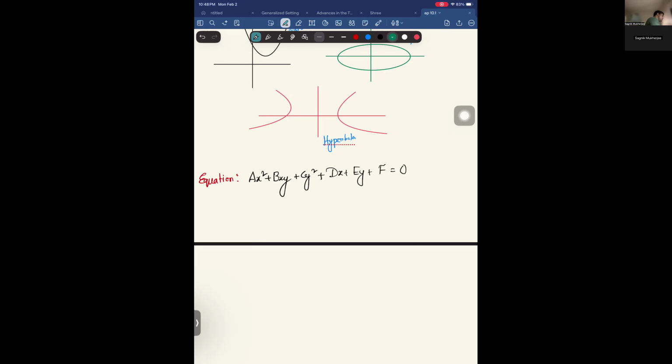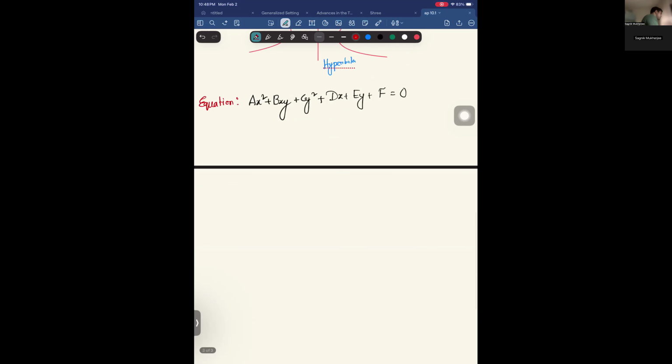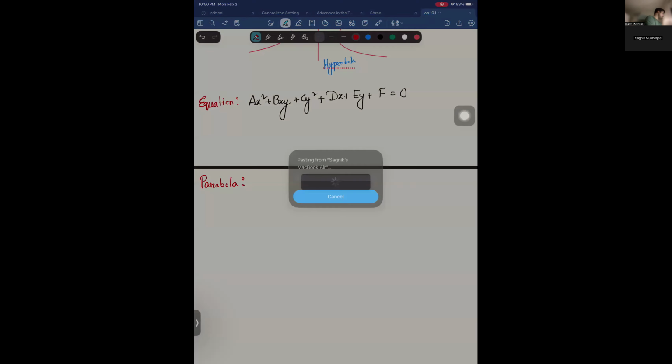Anyway, let's start our discussion with parabola. I'm going to talk about parabola, ellipse, and hyperbola. So for parabola, let me copy the definition and the key properties of the parabola. Then I will describe what these are.